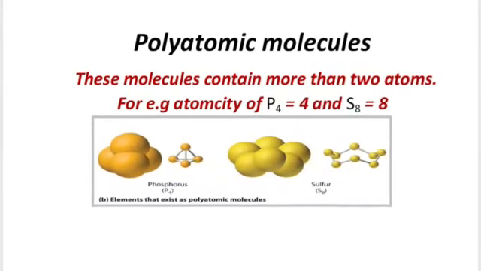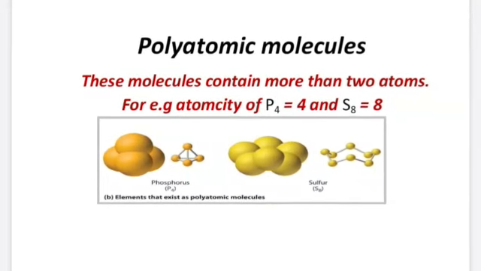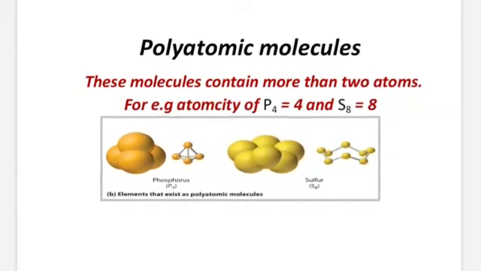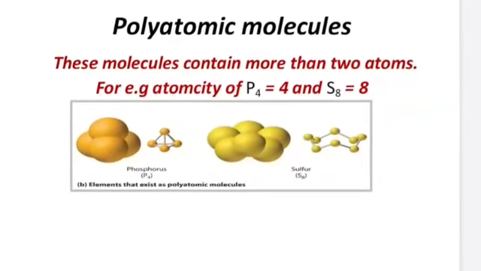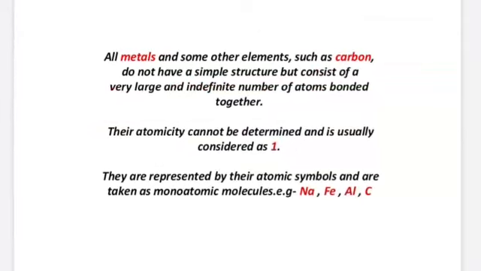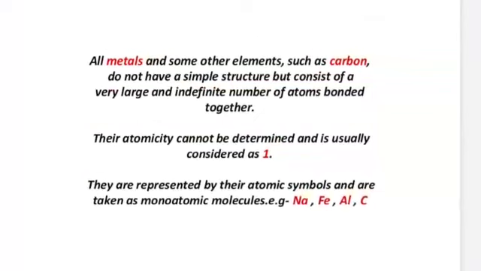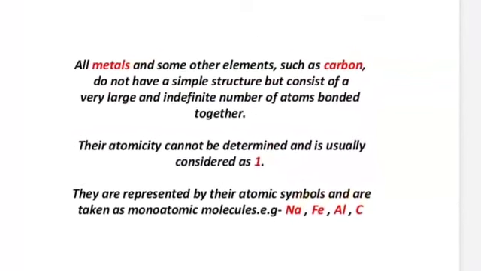Polyatomic molecules are molecules that contain more than 3 atoms. For example, phosphorus and sulfur. Phosphorus has 4 atoms and sulfur has 8 atoms in a molecule. Metals and some elements like carbon do not have a simple structure but consist of a very large and indefinite number of atoms bonded together.